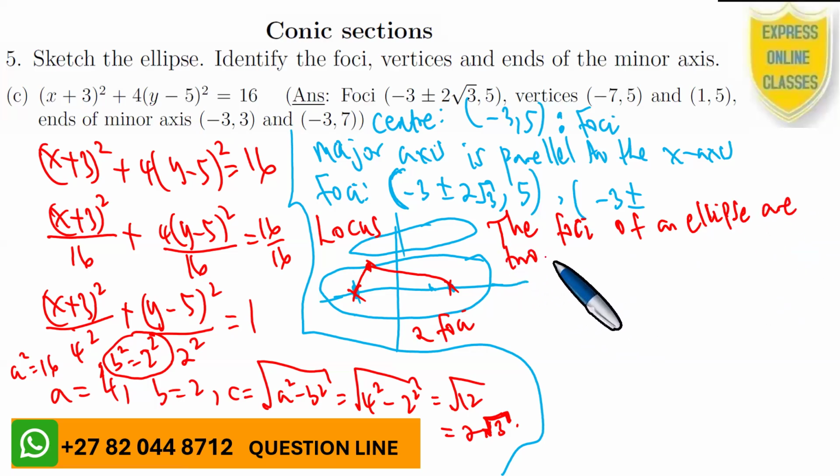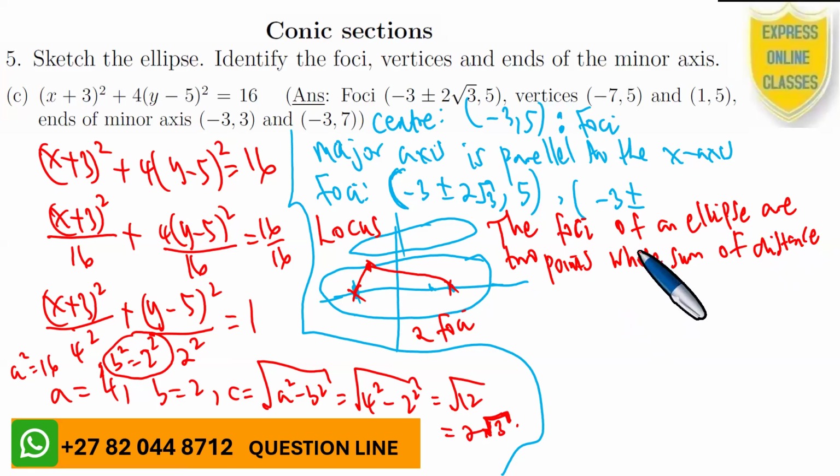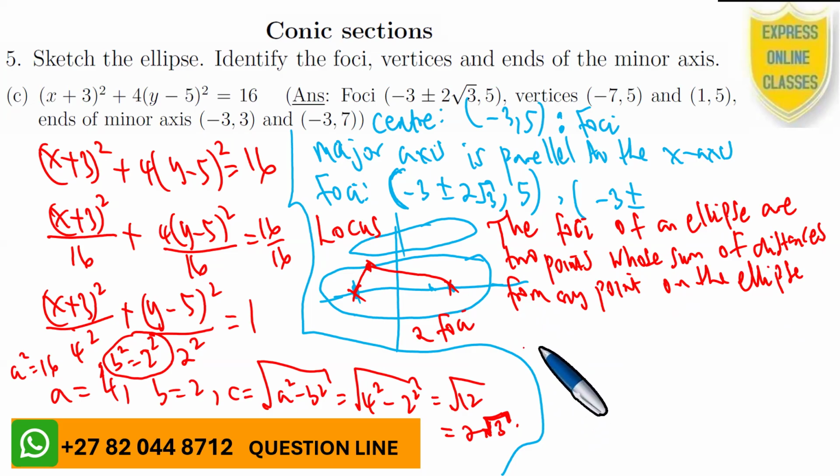The foci of an ellipse are 2 points whose sum of distances, okay, sometimes we talk about the distances, from any point on the ellipse is always the same.